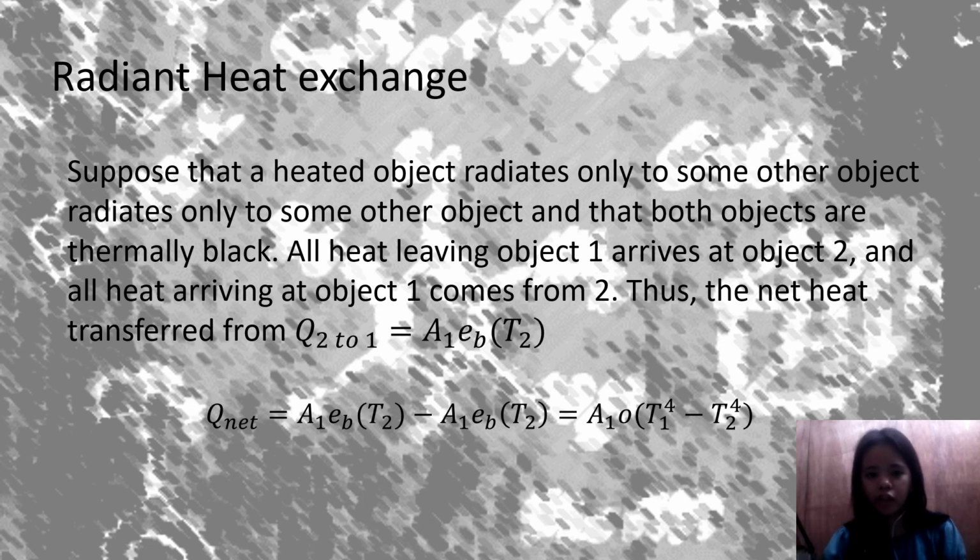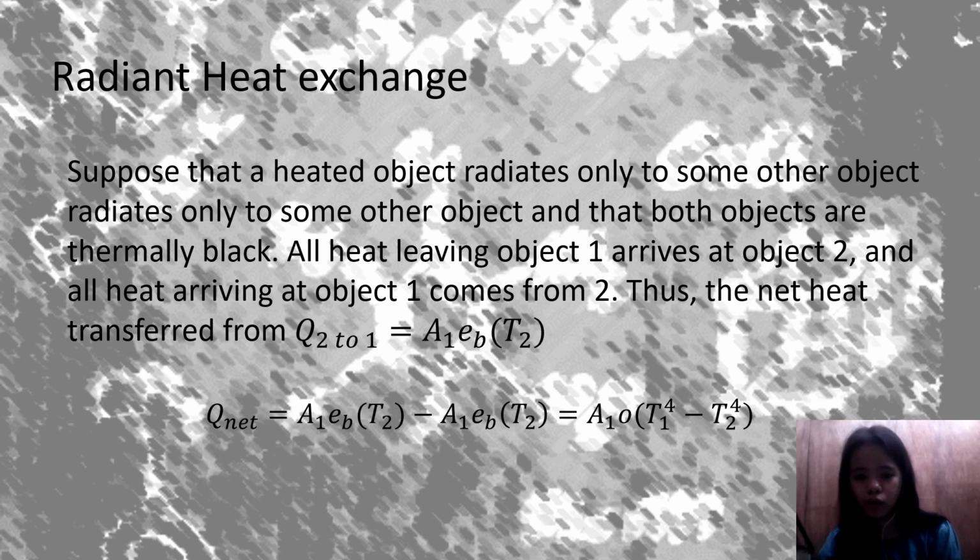So, radiant heat exchange. Suppose that a heated object radiates only to some other object, and that both objects are thermally black. All heat leaving object 1 arrives at object 2, and all heat arriving at object 1 comes from 2. Thus, the net heat transferred from 2 to 1 is equal to A_1 E_b(T_2).